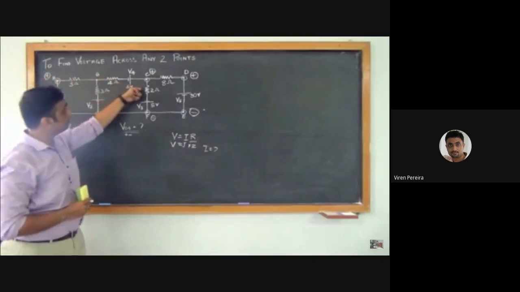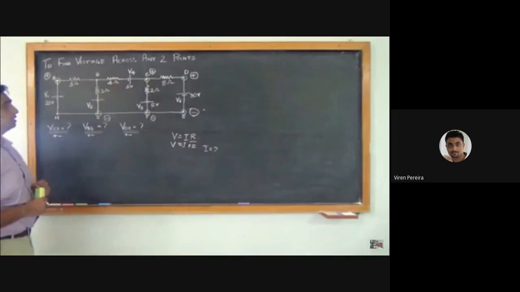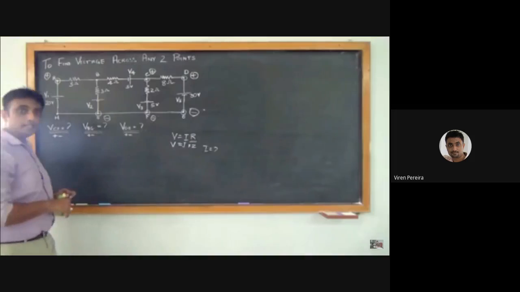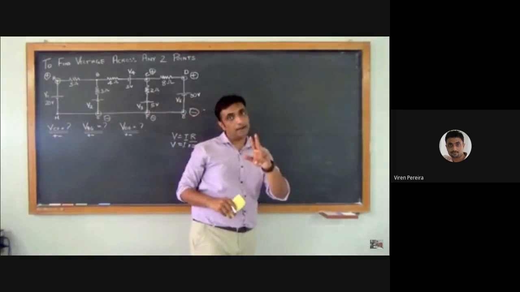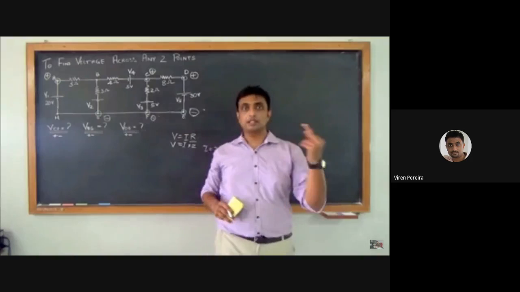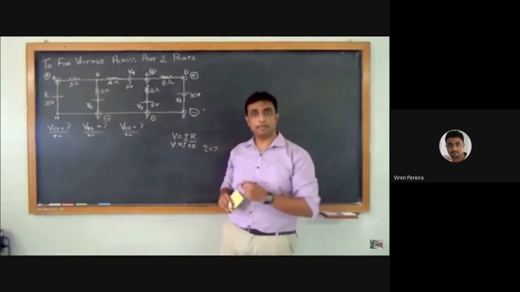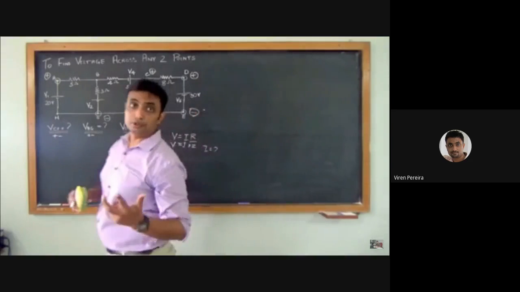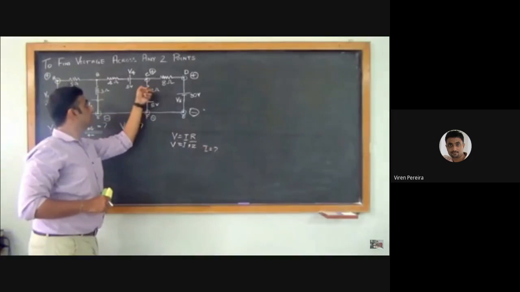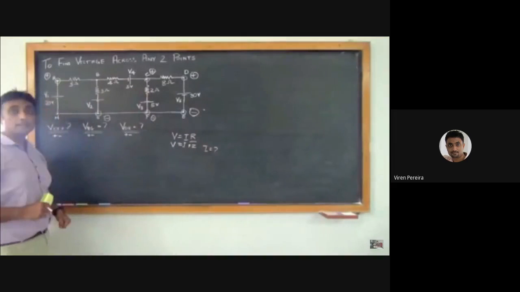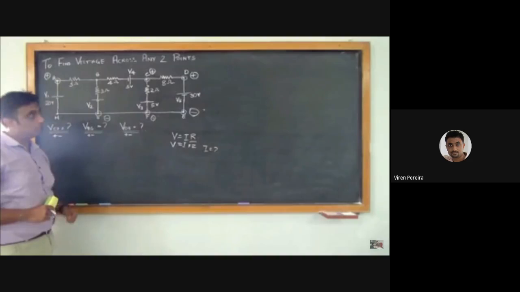So how can we find out the current in this 2 ohms resistor? As we already learned through Maxwell's loop current method, wherein we have two ways, the simultaneous equation mode and the matrix mode, we can use Maxwell's loop current method and find out the loop currents and thereby find out the value of current flowing in the 2 ohms resistor.